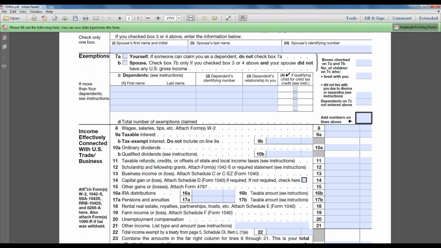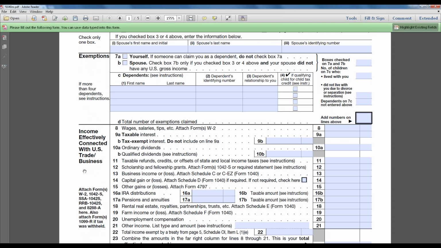Income effectively connected with a U.S. trade or business. Unfortunately, that is a very complex tax law, and there are a lot of parts that are complex. One is the concept of business income versus investment income. Then effectively connected with the United States is in itself a complex tax law.